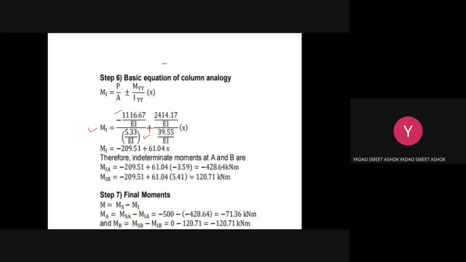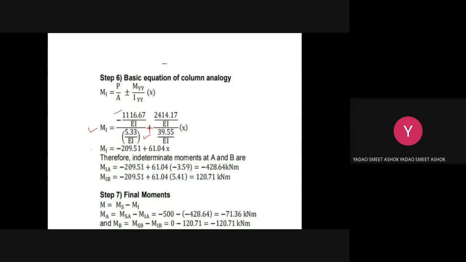Plus, we are taking this Myy, that is the moment about the y-axis, which we just calculated, and the moment of inertia about this y-axis. This is again the moment of inertia of the analogous column section. So all the values you have to put in this equation.